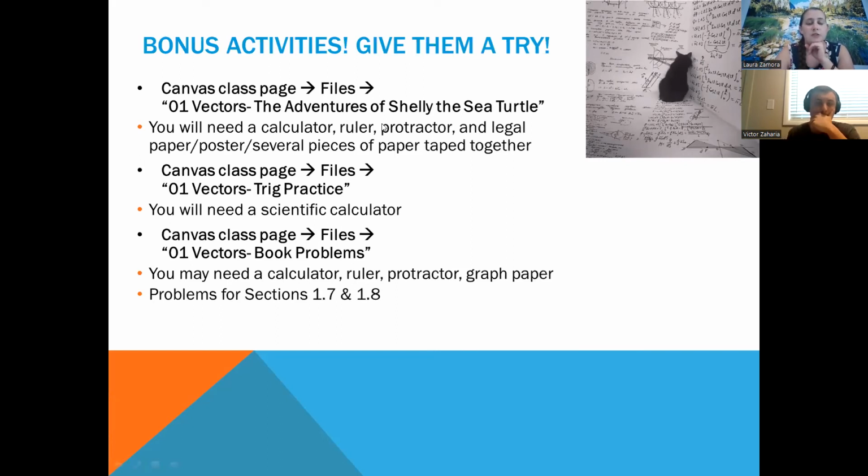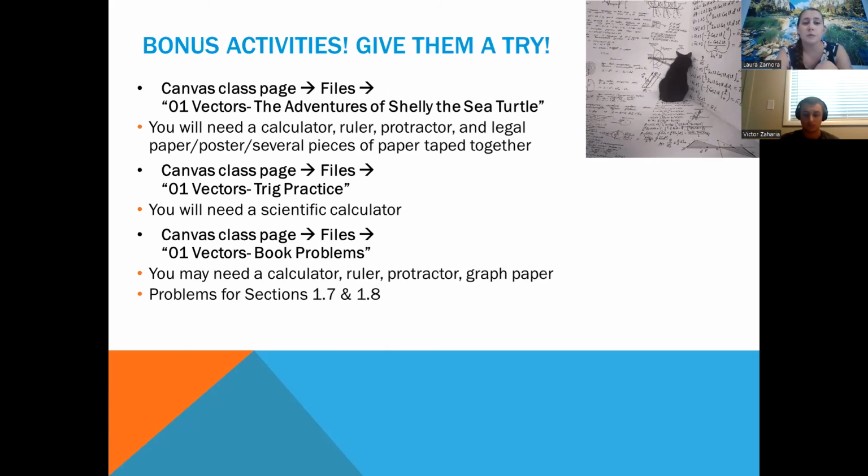The first one is The Adventures of Shelley the Sea Turtle. For this one you'll need some additional materials, a ruler, a protractor, a large piece of paper, but this will give you practice drawing out your vectors, putting them tip to tail, figuring out where your displacement vector should be, that sort of thing. This other file, Vectors Trig Practice, you'll need a scientific calculator so that you can practice using those trig functions and figuring out the angles or the sides of a triangle.